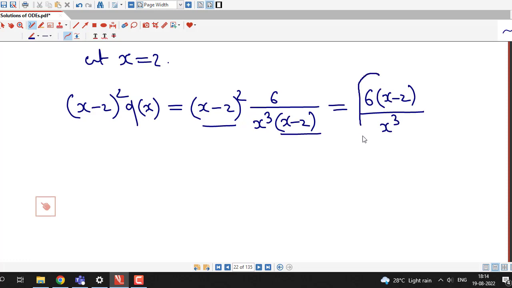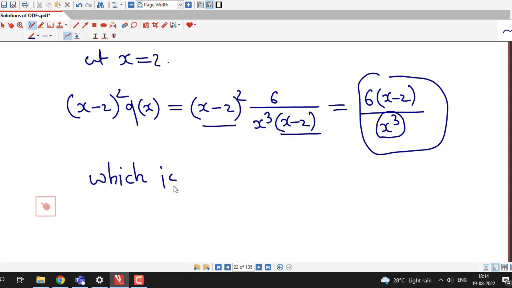Now this is also a rational function, so it is not analytic if x cube equal to 0, that is if x equal to 0. In other words it is analytic at x equal to 2, because at x equal to 2 the denominator is 8 and it is non-zero.